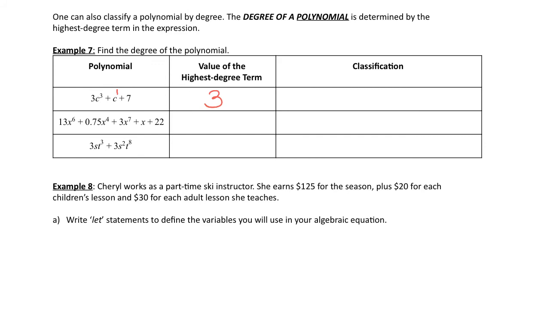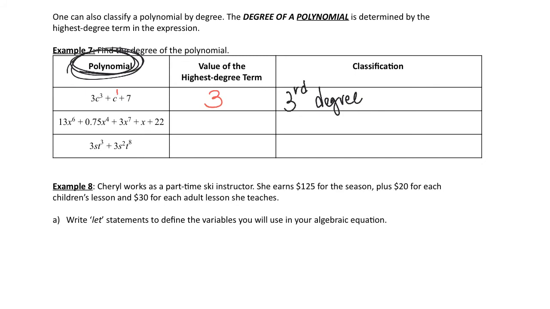So in my classification box, I can say that this is a third degree, but we have to name this not only by the degree, but also by the polynomial. And remember, to name a polynomial, you need to look at how many terms there are in the polynomial. Based on the number of terms, it gets a specific name.